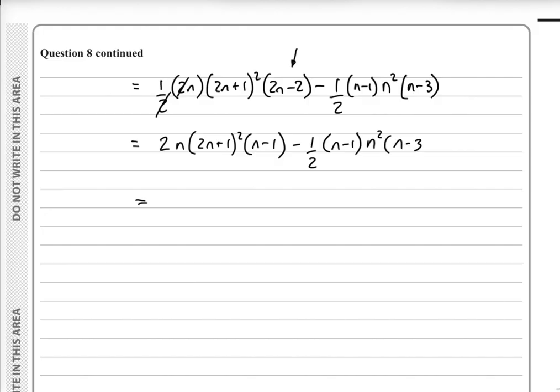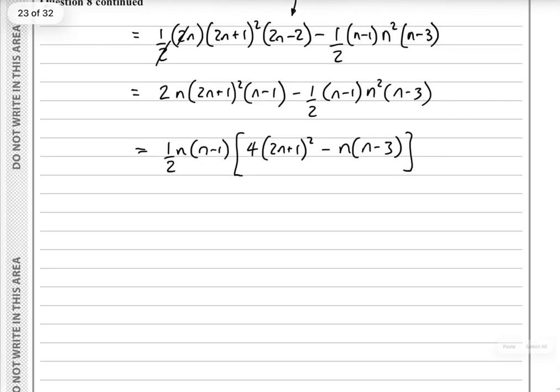So I'm going to force out a half n minus 1. So from that first term, forcing out a half gives me 4 now, but the n is not there, the n minus 1 is not there, we just get 2n plus 1 squared. And from the second term, we've taken out a half n minus 1, but there's still a minus, there's still another n, and there's an n minus 3.